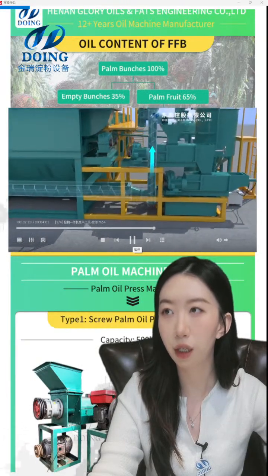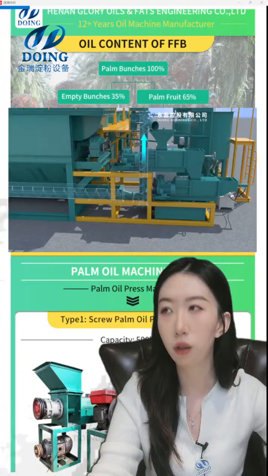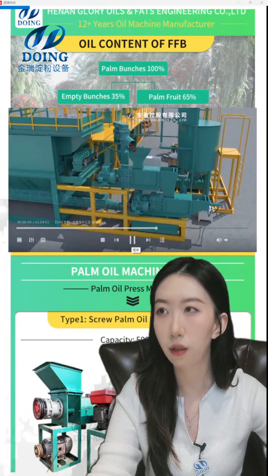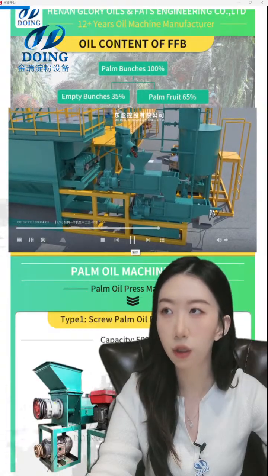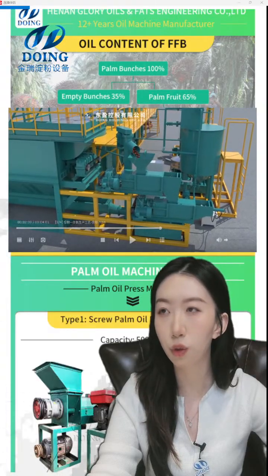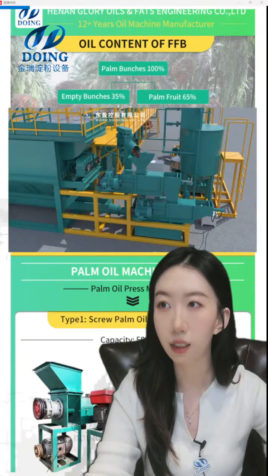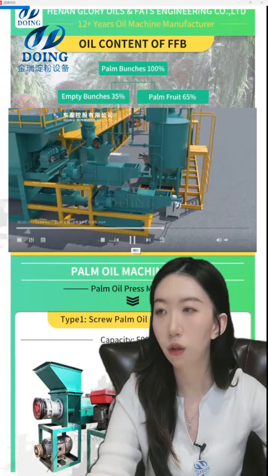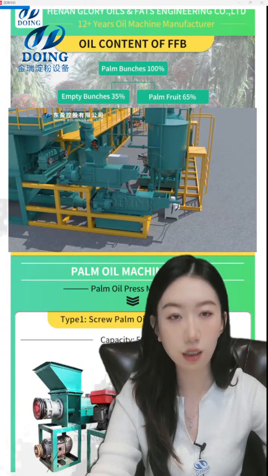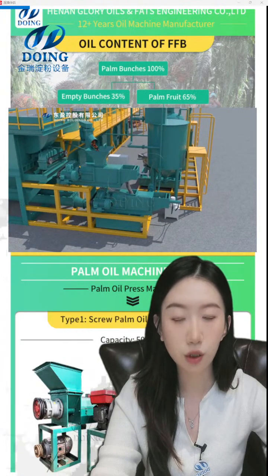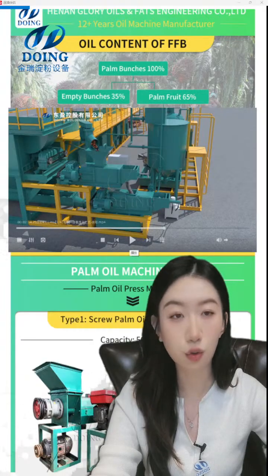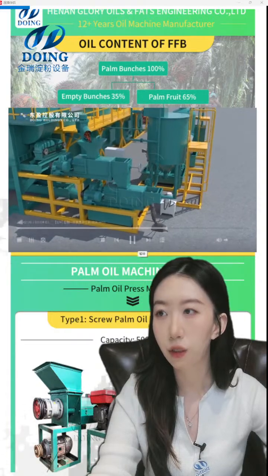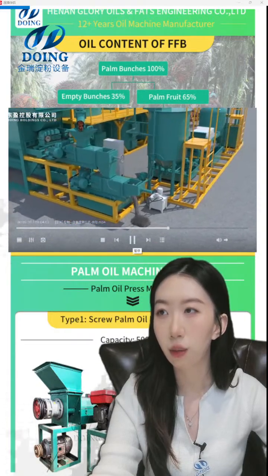And after threshing, the palm fruit falls down to the conveyor. Then the palm fruit is transported to the digester. In this digester, the palm fruit structure is destroyed. Then it falls down to the presser.